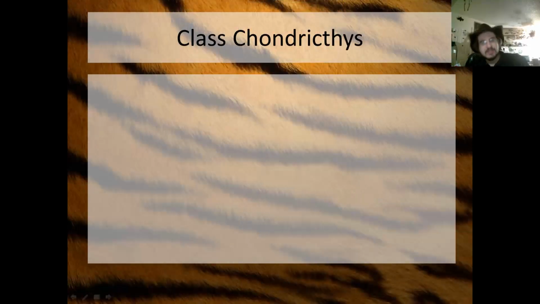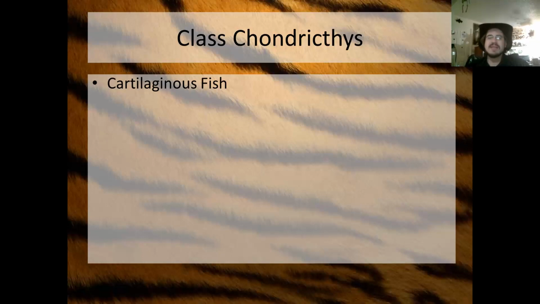So very simple fish. Next up is the cartilaginous fish, class Chondrichthyes. Chondrichthyes is a really cool vertebrate. We call them cartilaginous fish because instead of hard calcium-based mineralized skeletons like the bony fish and every other vertebrate there is, cartilaginous fish have a skeleton made of cartilage.